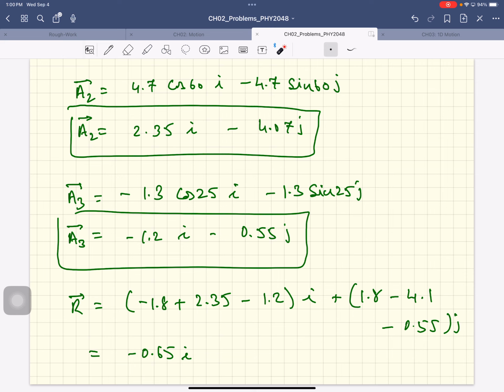And so, we'll subtract 2, so minus 2.65, and then add 0.2, so minus 2.85.